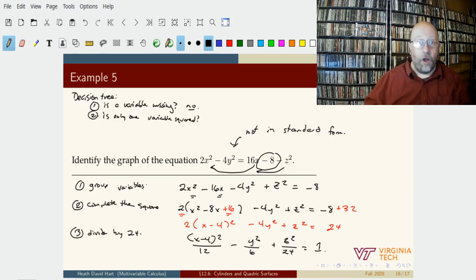And the answer is no, all three of them are squared. Then the third question is, are two variables squared? And the answer is still no. The fourth question is, is the constant term 0?